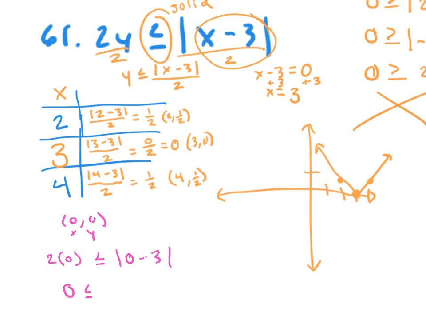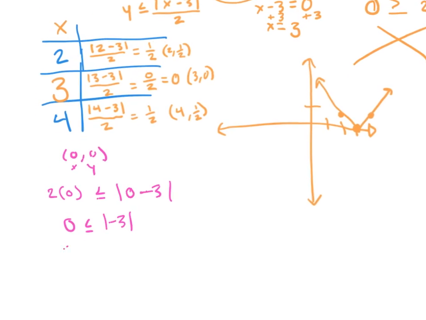And what is 0 minus 3? Negative 3. So then what's the absolute value of negative 3? 3. So is 0 less than or equal to 3? Yes. So this works. So where are we shading? Outside or inside? Outside. We shade where that 0, 0 is, which is outside.